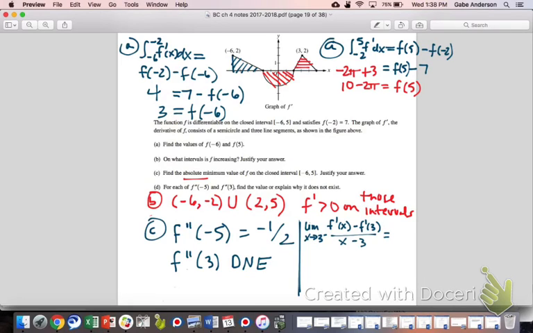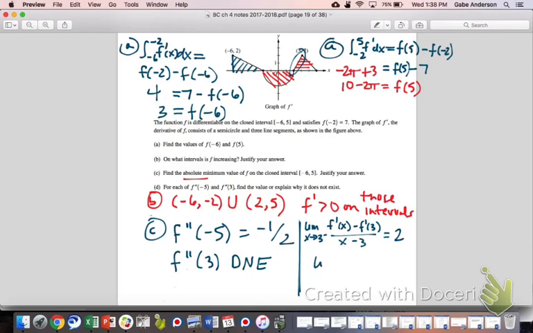From the left, I'm seeing a slope there of 2. Make sense? Slope of 2? Okay, so from the left, f double prime is approaching a value of 2.